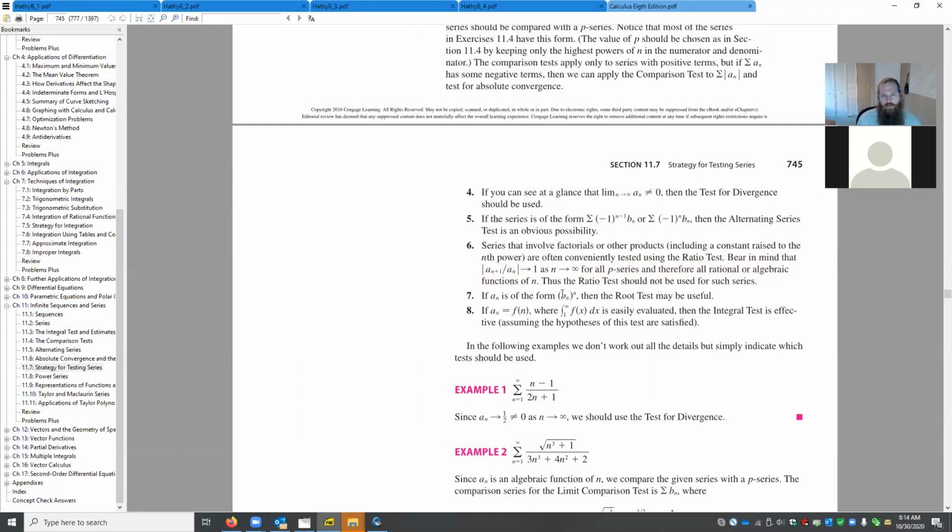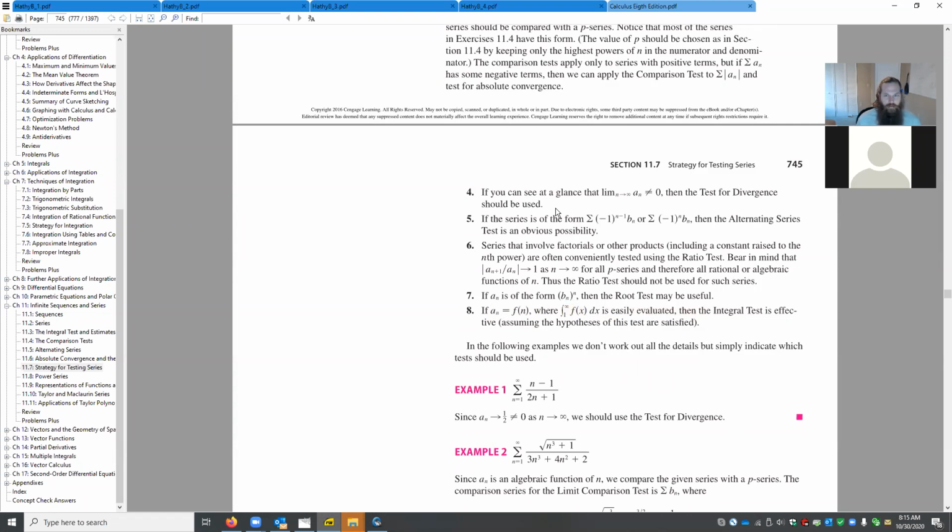If the series has a bunch of non-constant stuff raised to the n, you should use the root test. And then finally, only in last resort situations, if the series is made up of something where if you swap the n's for x's, you get a function you know how to integrate easily, then you can consider using the integral test.